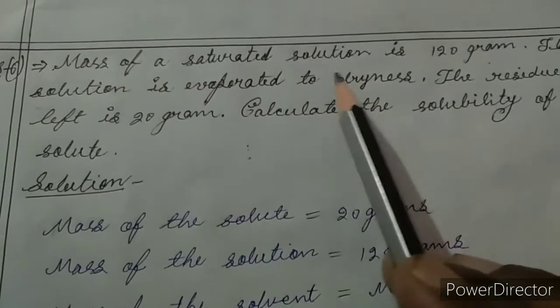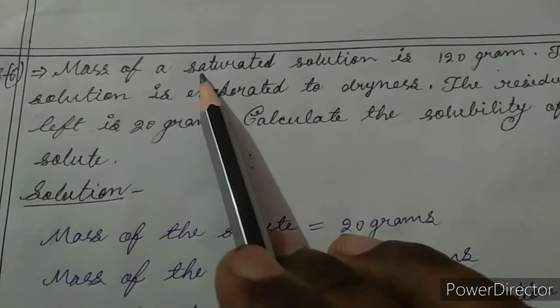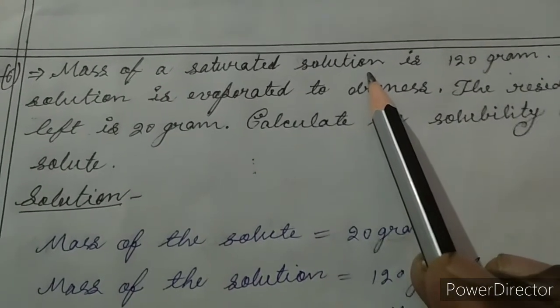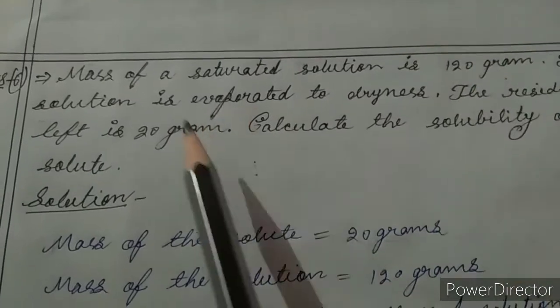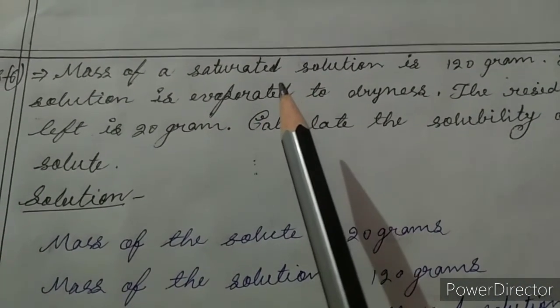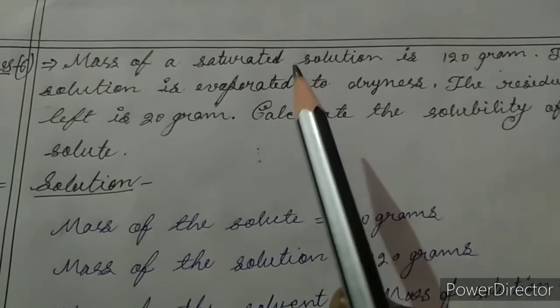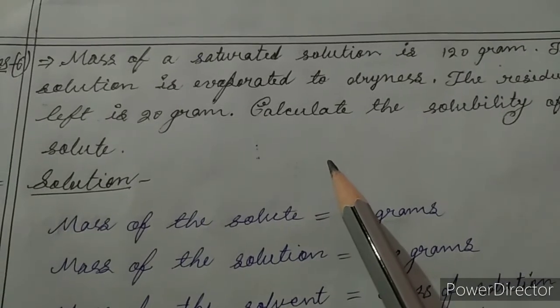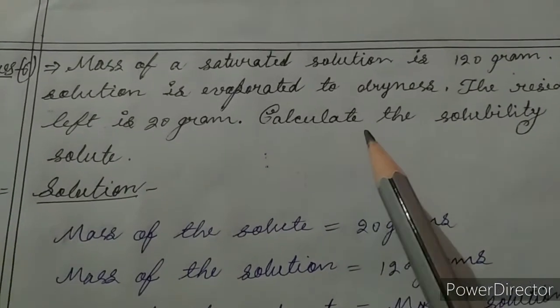Here it is clear that the solution is saturated. It means the maximum amount of the solute has been dissolved, and the maximum amount of the solute which can be dissolved in 100 grams of the solvent is known as solubility.